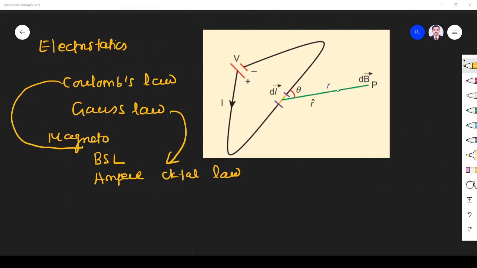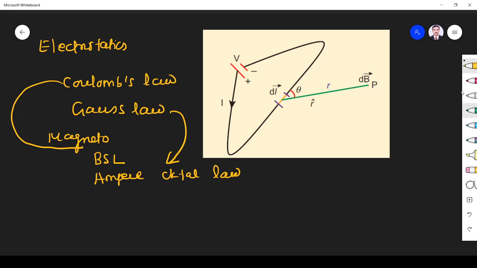This is the structure I'm going to take to explain Biot-Savart law. Here the current is flowing through a conductor, the black line. The conductor is nothing but our wire, so current flows through that. This is a small current carrying element, not the full conductor.